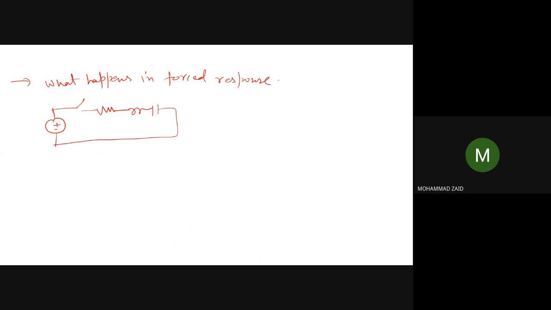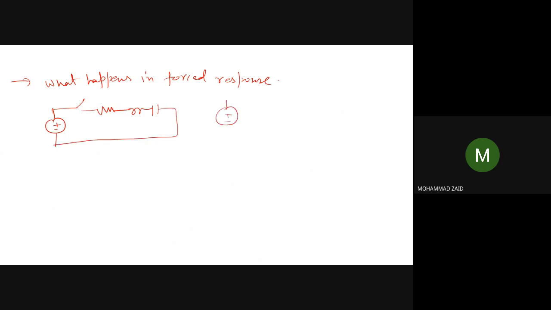Now, what happens? The previous slide was for unforced response. What happens in forced response? Suppose you have a source which is connected to a series or parallel RLC circuit. Suppose you have a condition like this.